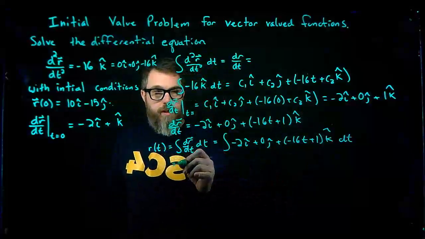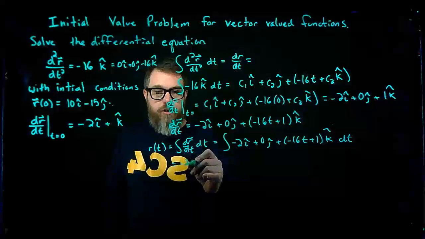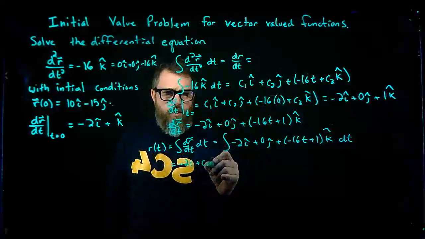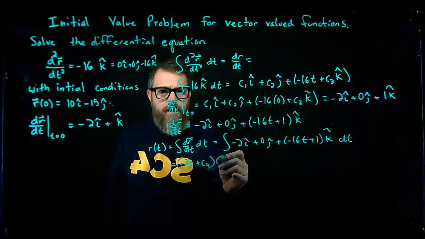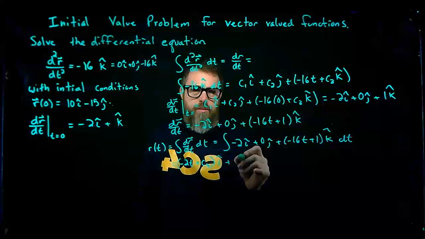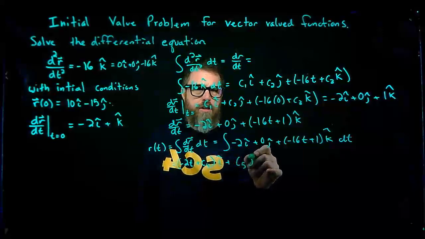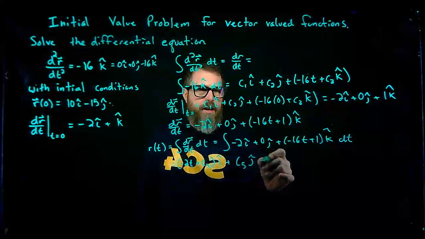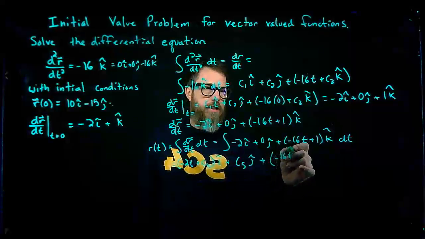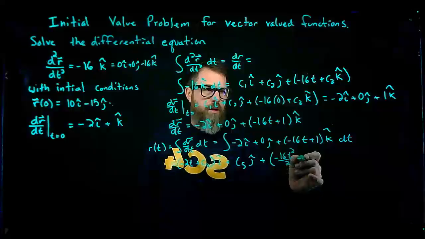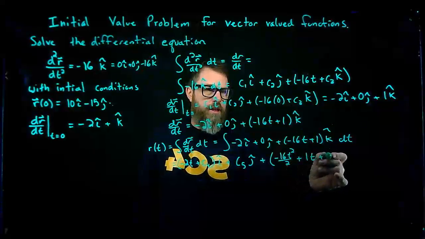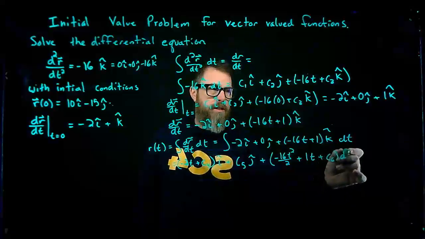So this is going to be equal to minus 2t plus, I already used c1 through c3, so let's say c4. And this is going to be in the i direction. Plus, well, the integral of 0 is just going to be c5, just a constant. This is going to be j. And then plus, well, the integral of this is going to be minus 16t squared over 2 plus 1t, plus a c6.